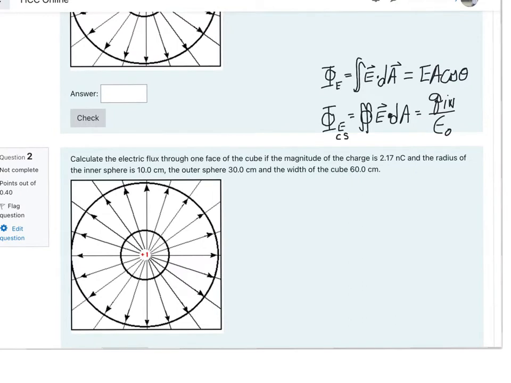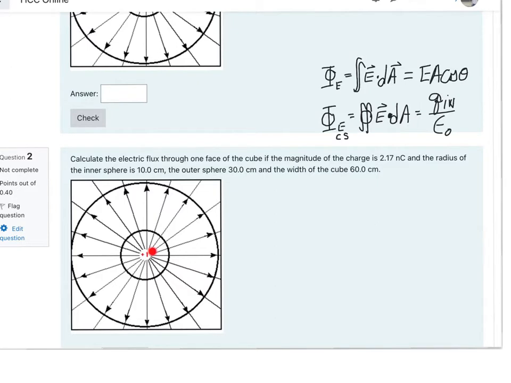Okay, number 2, same thing, only we have a different charge, but the same setup. Calculate the flux through one face of the cube. So we're imagining a 3-dimensional cube, right? So there are 6 faces.